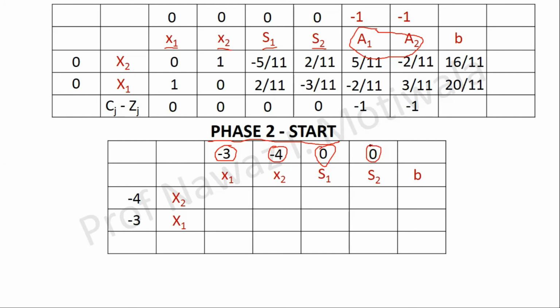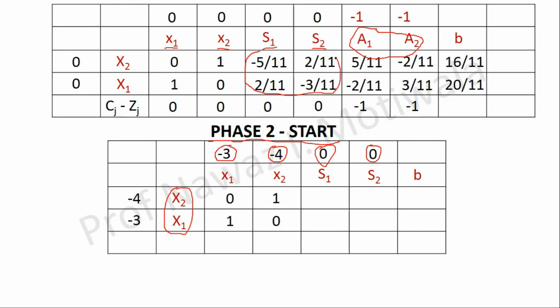Only in the first phase we considered them to be 0, because we considered only the coefficients of artificial variables. So again, proceeding the same way, we know that this X2 and X1 should make an identity matrix here. So I will write 0, 1 and 1, 0 in that order. Now for these values, we just have to copy the values of S1 and S2 from the particular table above.